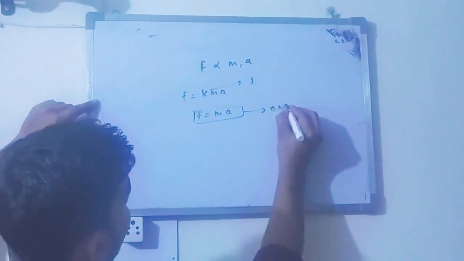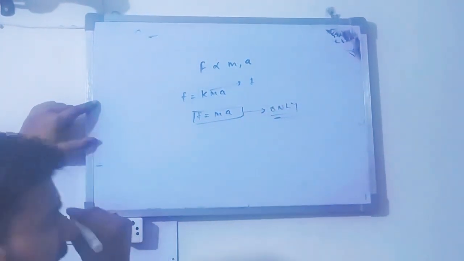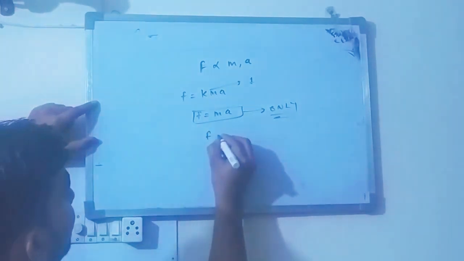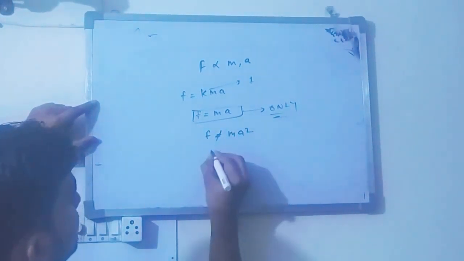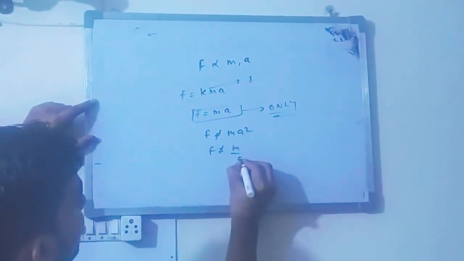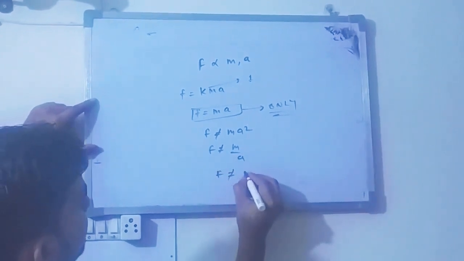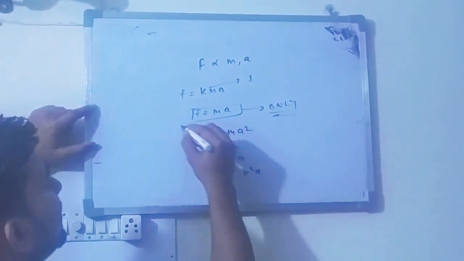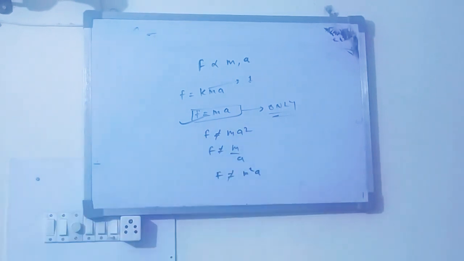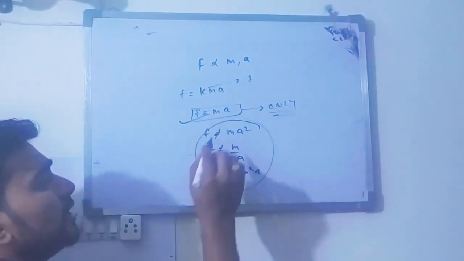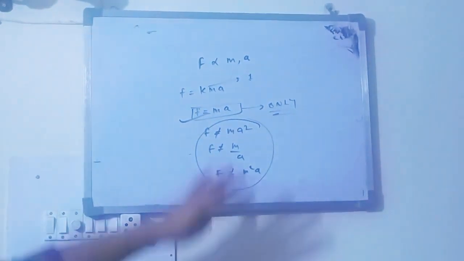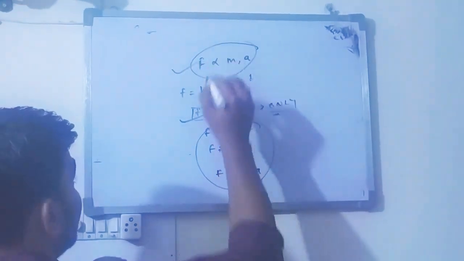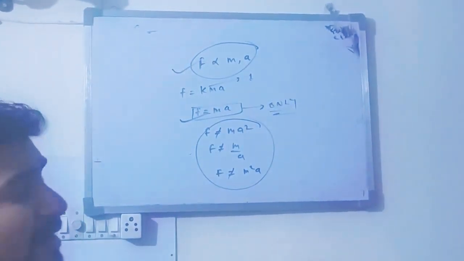Only this formula can be maintained. F cannot be equal to ma square, F does not equal m upon a, F cannot be equal to m square a. Only F can be equal to ma. By this you can check the validity of a particular formula. Okay, so this is your homework. Just check it out. Till then, thank you.